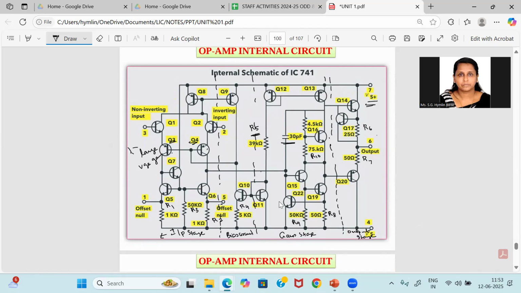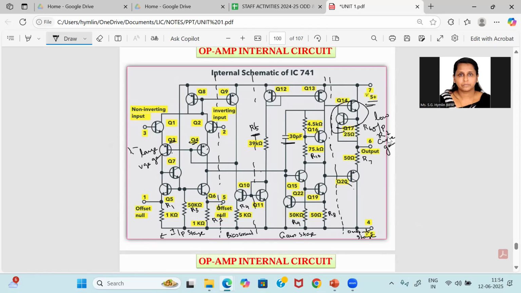Here the output stage is a class AB circuit consisting of a complementary emitter follower pair, Q14 and Q20. Hence, they provide an effective low output resistance, and we can achieve low output resistance and low current gain.